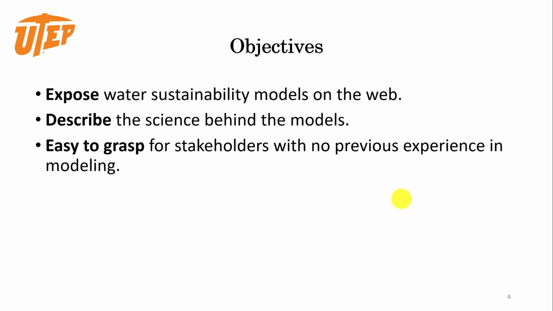That way, stakeholders with no previous experience in modeling can actually go through this very simple process of interacting with the models without necessarily having a very specialized knowledge into how to use these models or how to understand them.